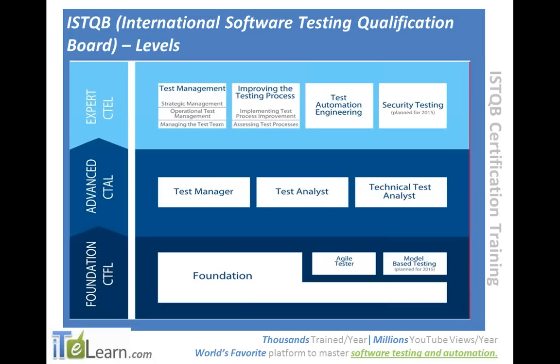Then somebody at test automation engineering level, responsible for building new frameworks and creating new automation suites. And then the security testing professionals can also go for expert level. So these are the three broad categories of the ISTQB certification: foundational level, advanced level, expert level.